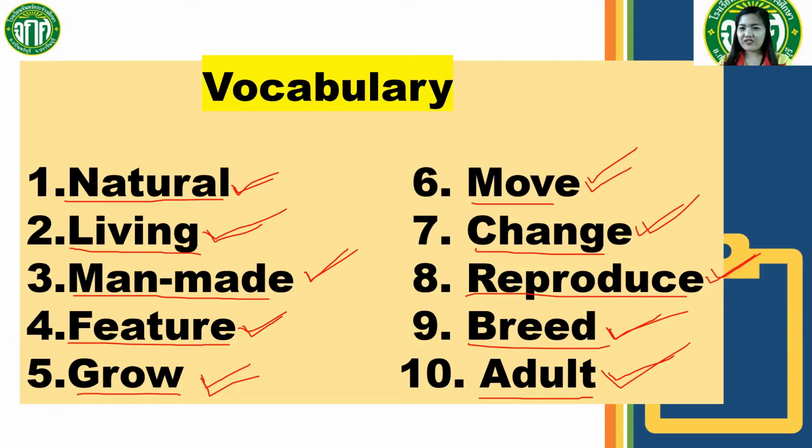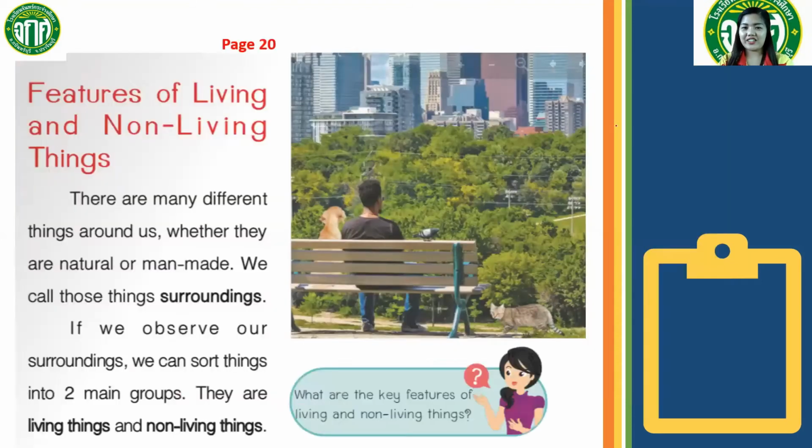So let's move on to the discussion. Again, the features of living and non-living things. There are many different things around us, whether they are natural or man-made. We call those things surroundings.